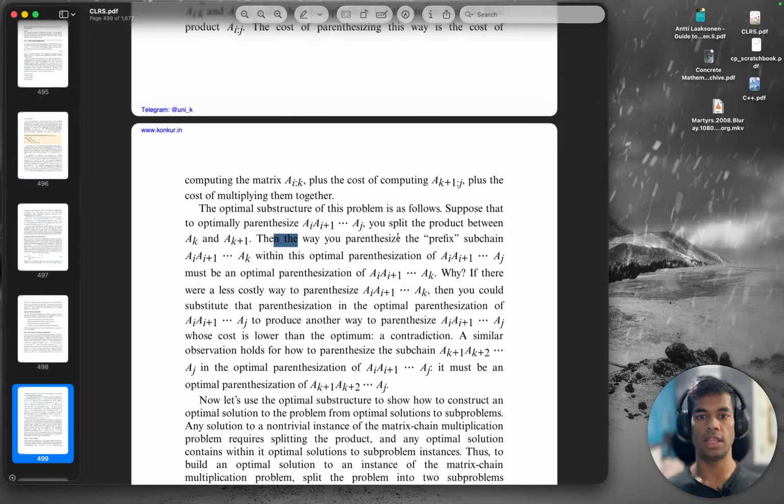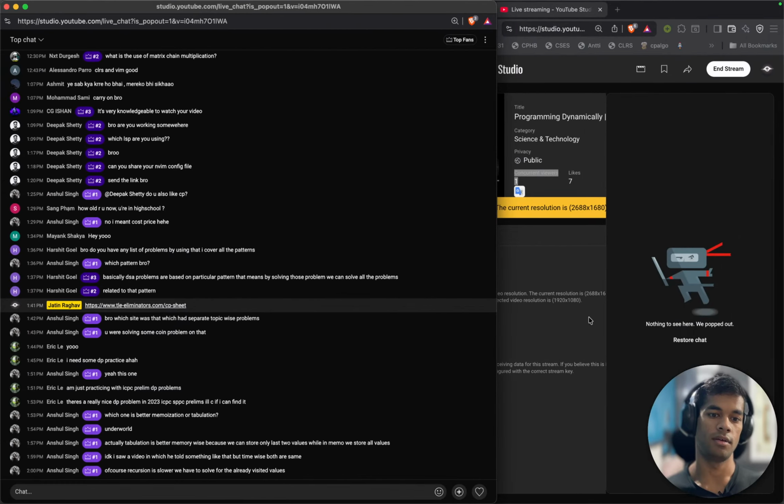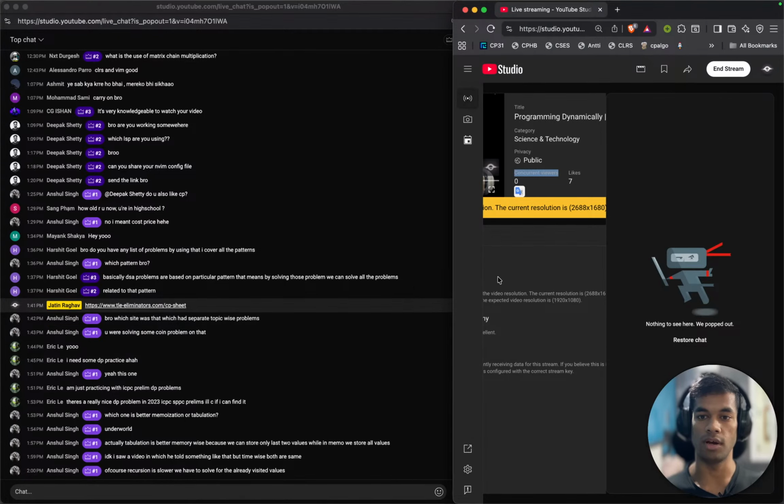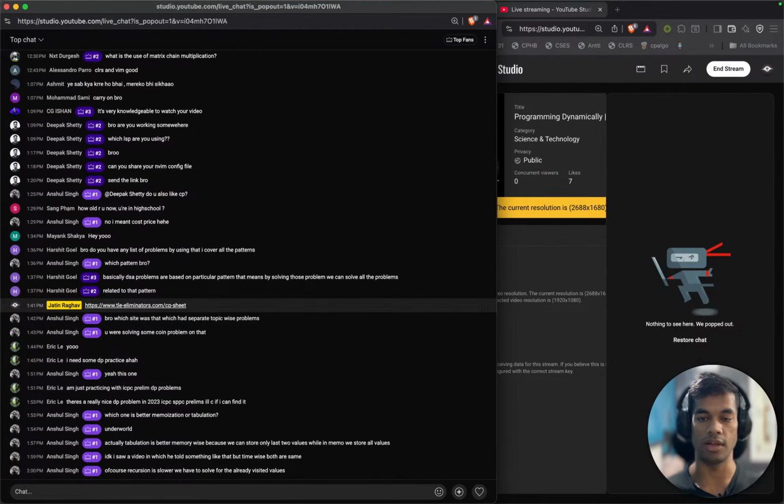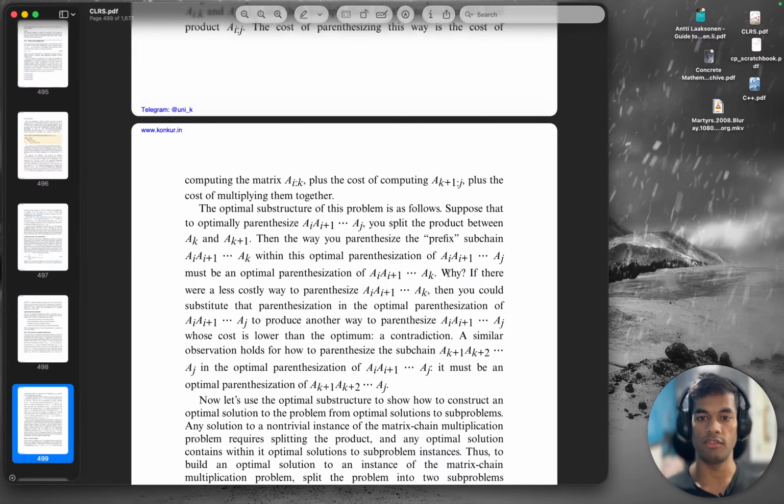Then the way you parenthesize the prefix subchain within this parenthesization of aij must be an optimal parenthesization of ai to ak. Why? Why is actually a good question.